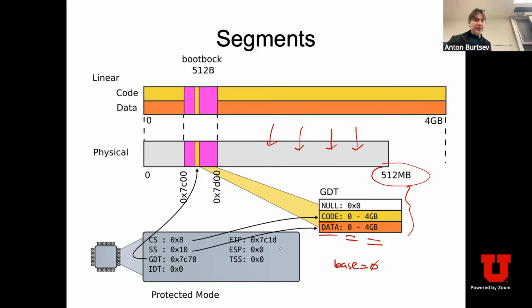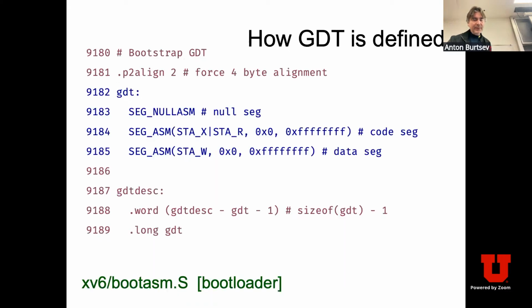So the way we configure the segments is we use these assembly macros, and this is part of the bootasm.S file, still part of the bootloader. We haven't even reached the kernel, and essentially this is how we define the global descriptor table.